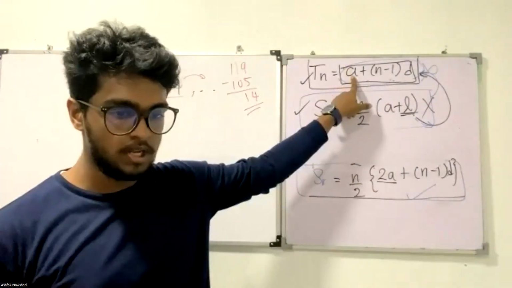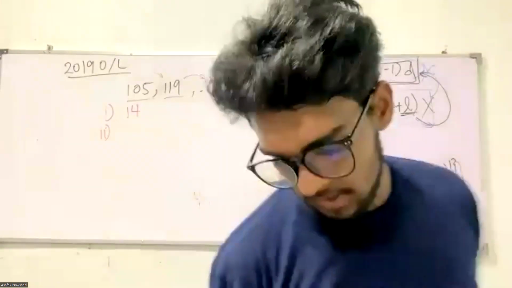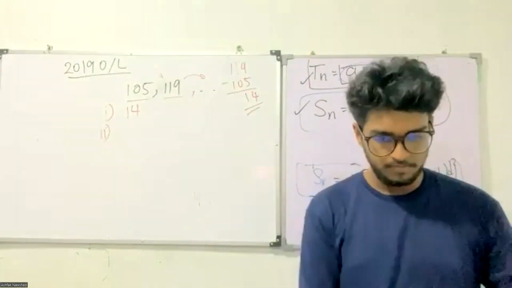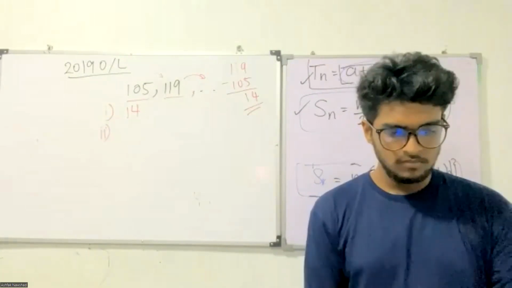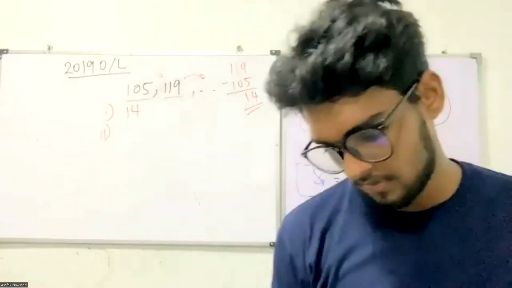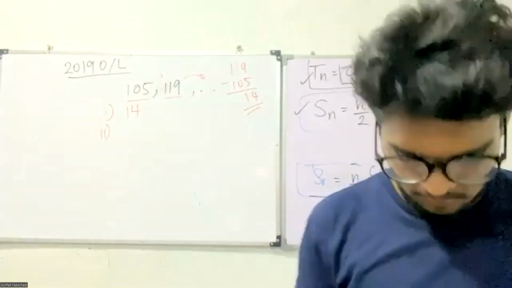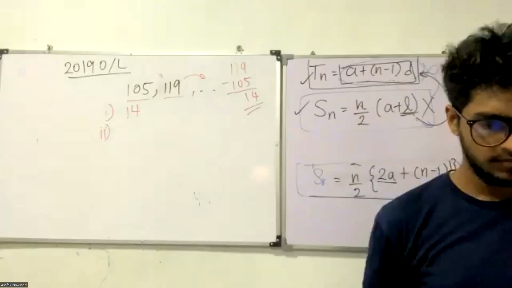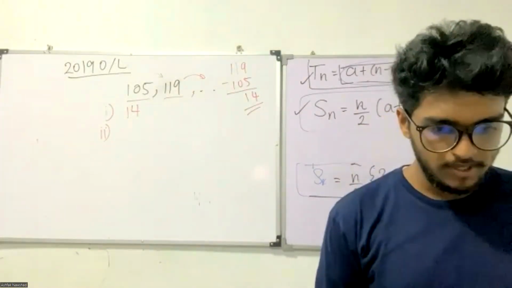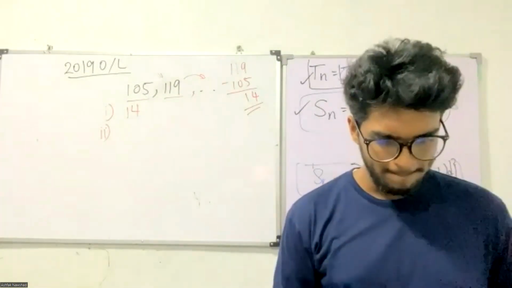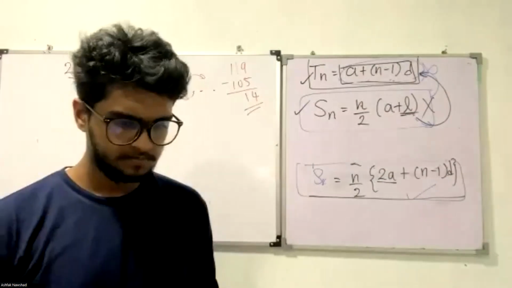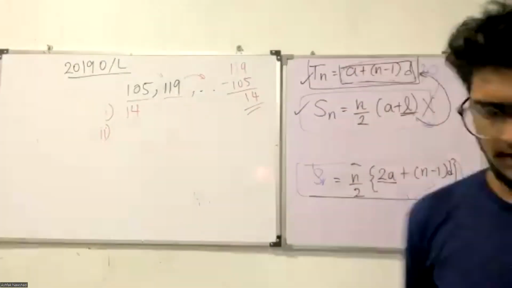Just use the first formula and find the 7th term. The 7th term is T7.